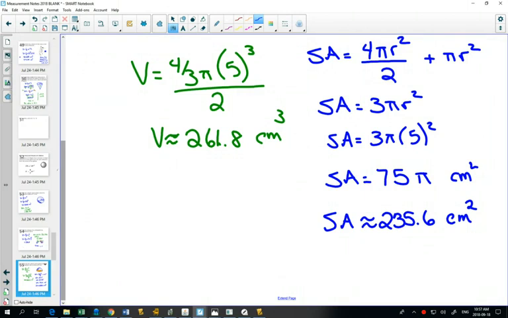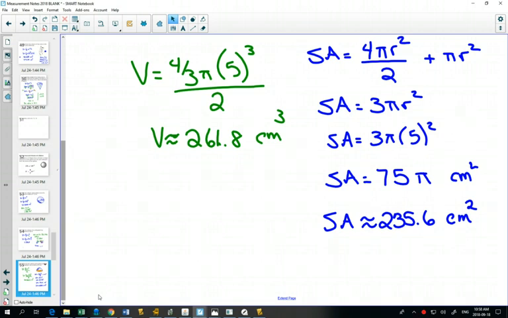And so sometimes questions will say, leave your answer as an exact answer. This answer, 75 pi, in math words we say is an exact answer in terms of pi. So we left pi in the answer. And this answer is accurate, but it is an approximation because we had to round.